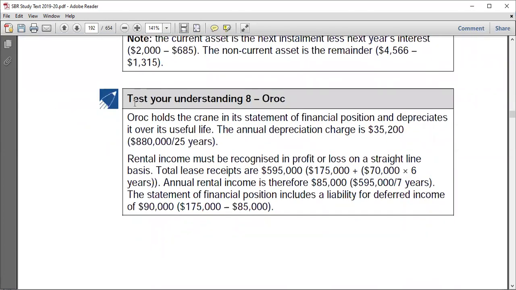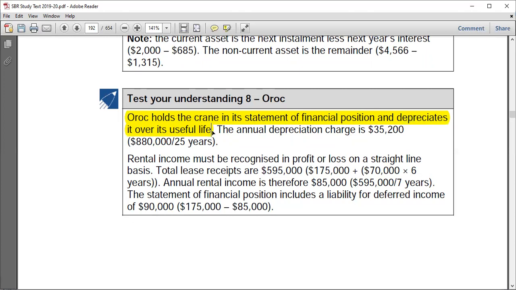First of all, we say that Orok holds the crane in its statement of financial position and depreciates it over its useful life. You get this? If you are the lessor, I'm repeating again, and it is an operating lease, you still stay with your asset in the statement of financial position, because we usually use the straight line, which just recognizes rent directly in the income statement.